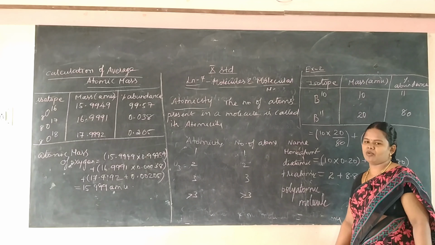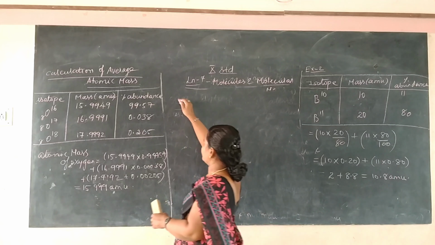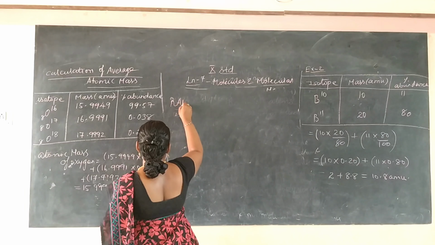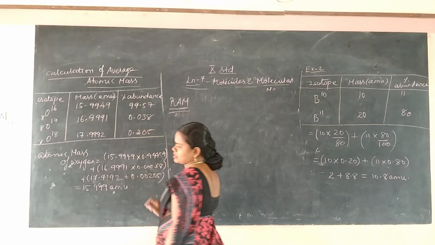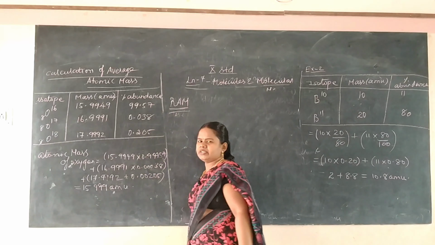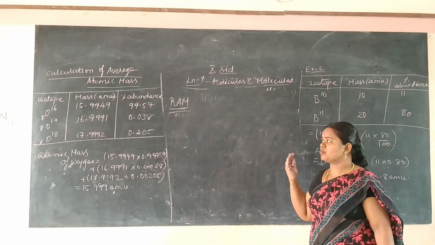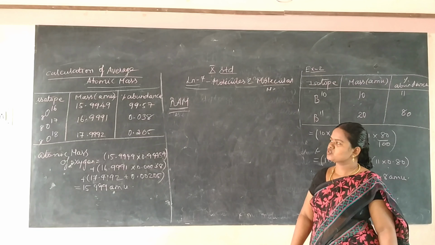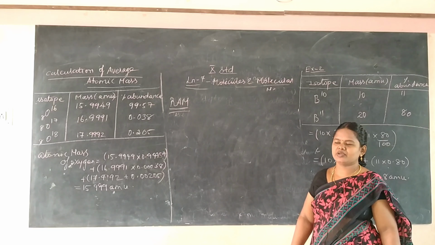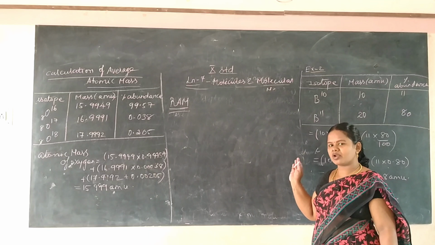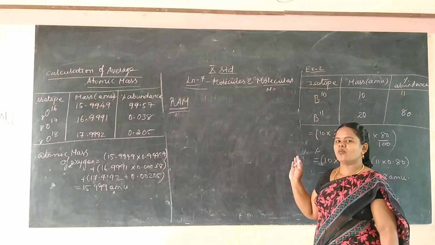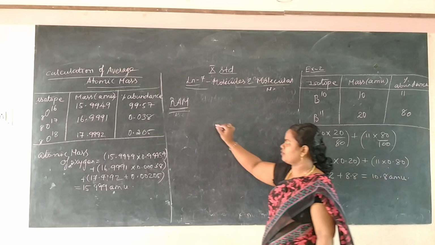And now, relative atomic mass, RAM. Here it is nothing but the mass of the molecule also. Based on the number of atoms present in the molecule, we have to express the mass of the molecule. So relative atomic mass is the mass of one molecule of the element divided by the 1/12th part of the mass of the carbon 12 atom.